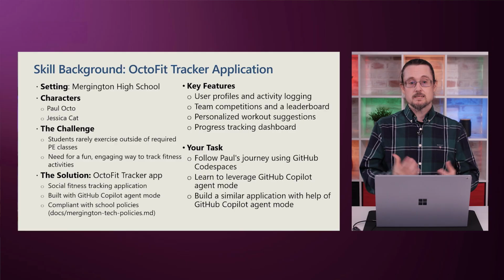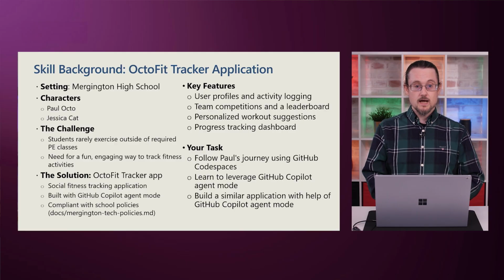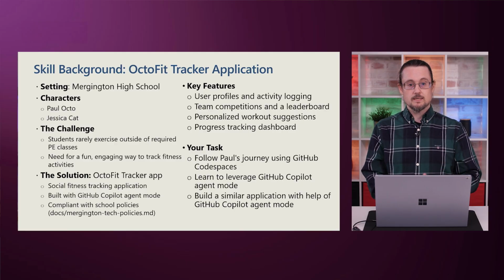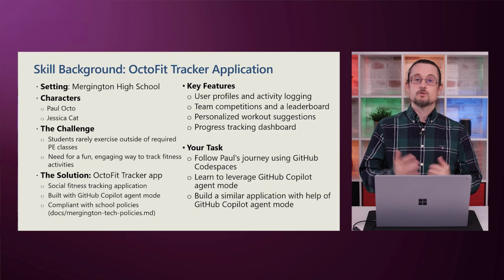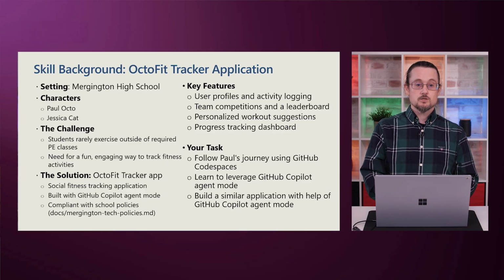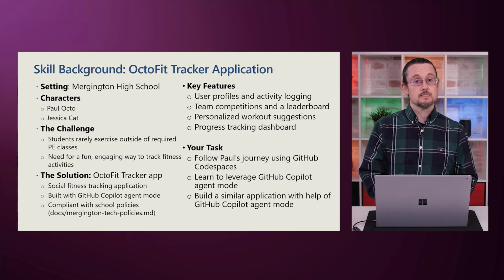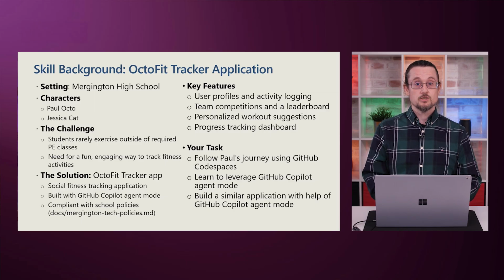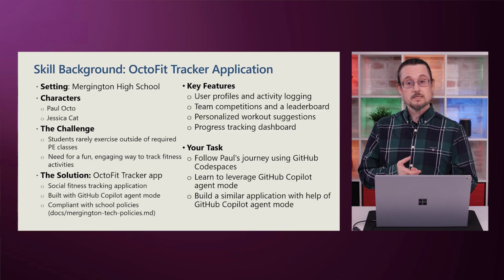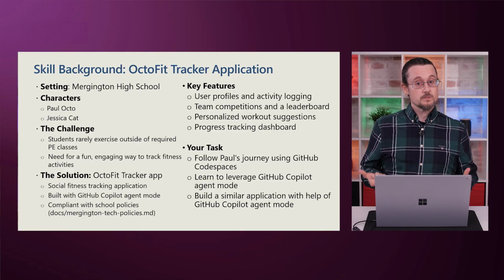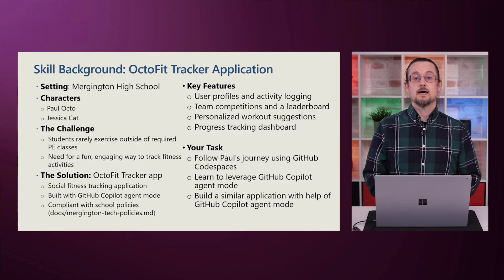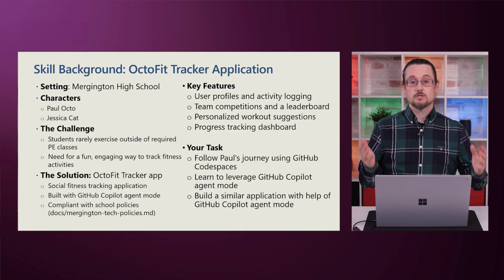So the solution is to build this Octofit Tracker app, the front end, the back end and the database, and make sure also that we abide by any school policies in terms of tech or otherwise. There's a few key features we want to have as part of the application, namely user profiles and activity logging, team competitions and a leaderboard, and personalized workout suggestions.